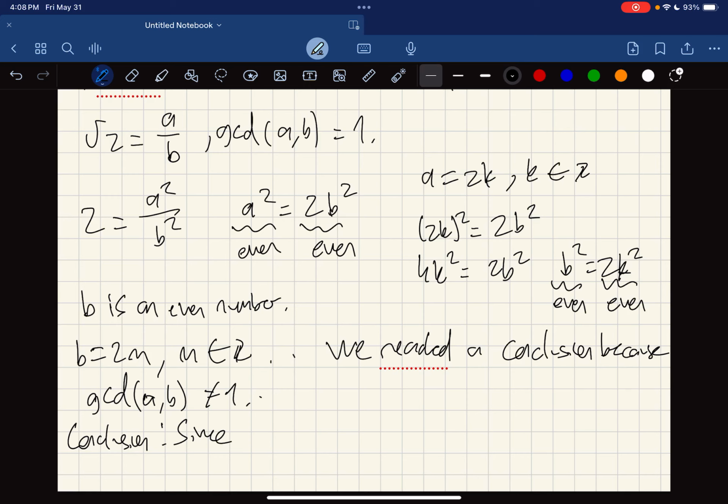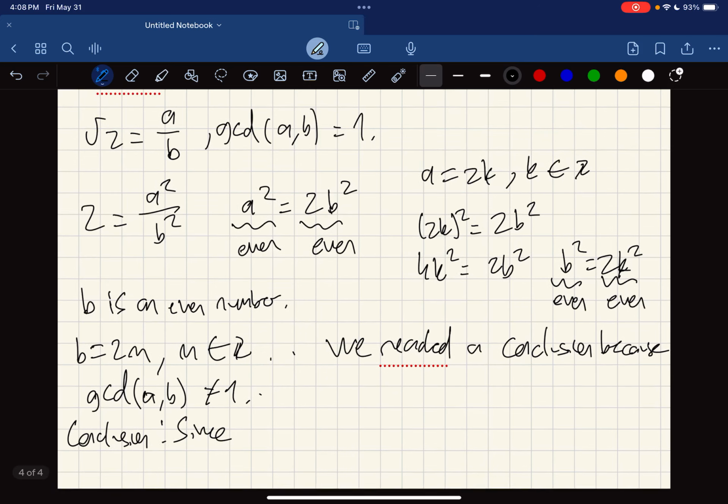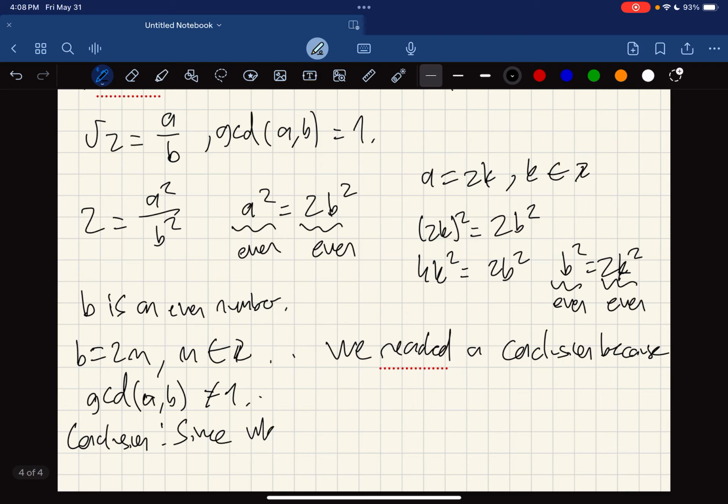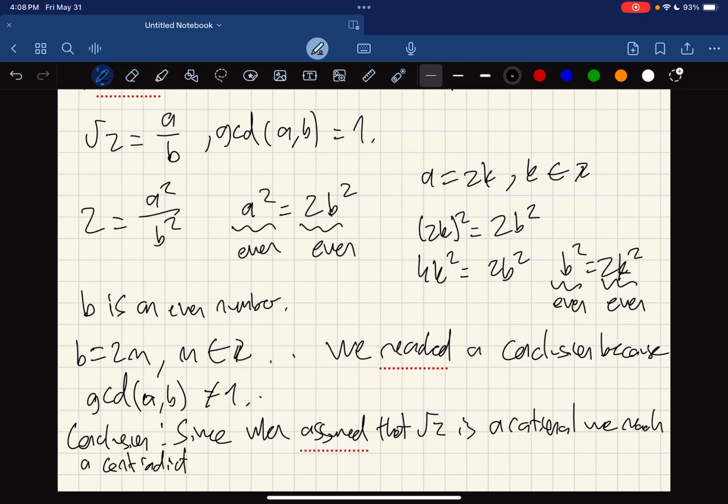Since when we assume that root 2 is a rational number, we reach a contradiction, we can say that root 2 is an irrational number.